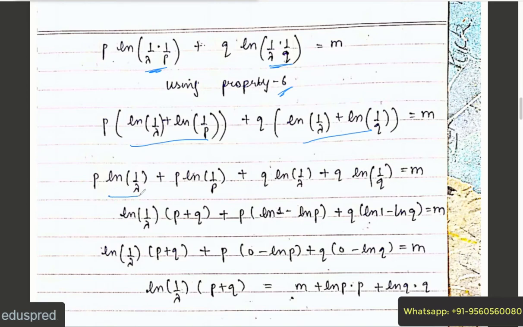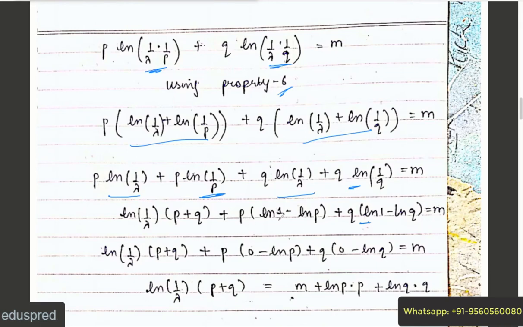So clubbing this term and this term together, I will get ln 1 divided by lambda multiplied by p plus q. And this can be written as, by again using the property we discussed above, p (ln 1 minus ln p), and this can be written like this again by using the property, q (ln 1 minus ln q) is equal to m.